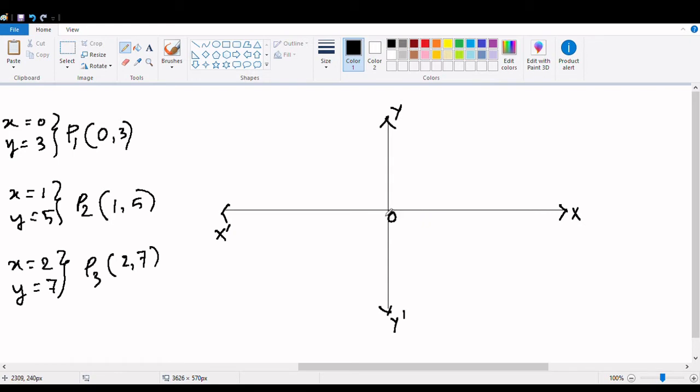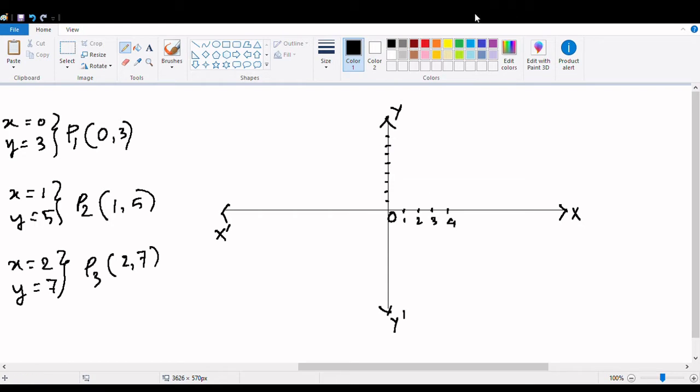Let us divide the x-axis into smaller parts: 1, 2, 3, 4, and so on. Likewise, the y-axis: 1, 2, 3, 4, 5, 6, 7, 8, and so on.